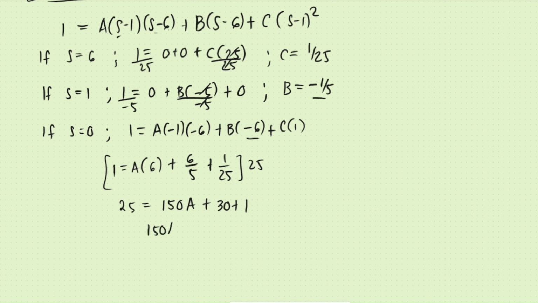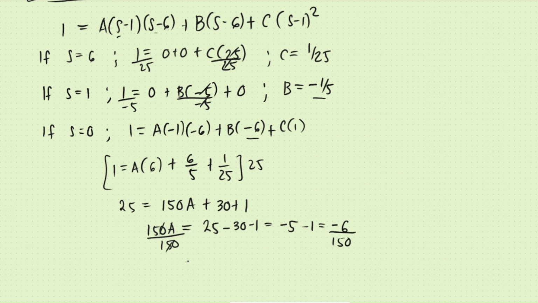So 150a is equal to 25. We'll move these 30 and 1 to the left hand side of the equation. That is minus 30 minus 1. So we'd have 25 minus 30 minus 1 is equal to minus 6, right? Minus 6. So divide both sides of the equation by 150.